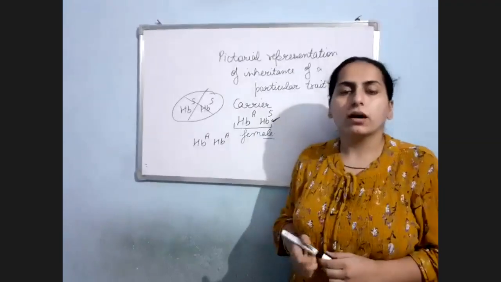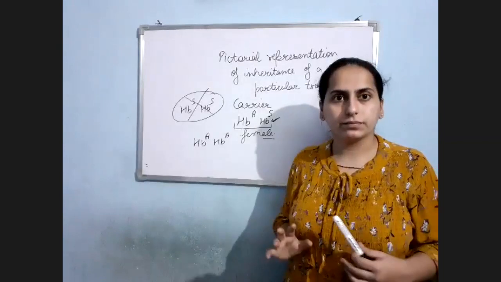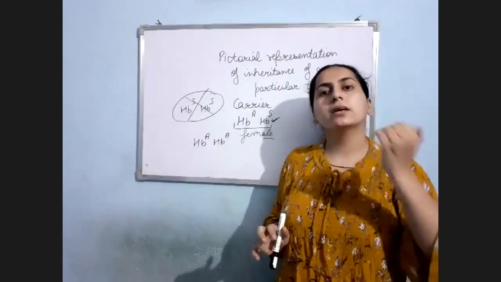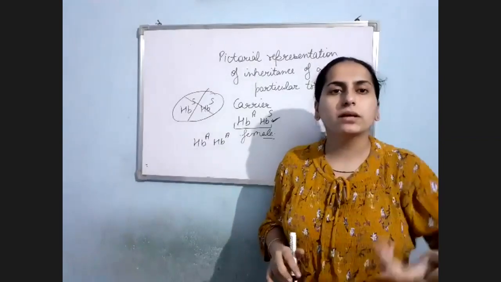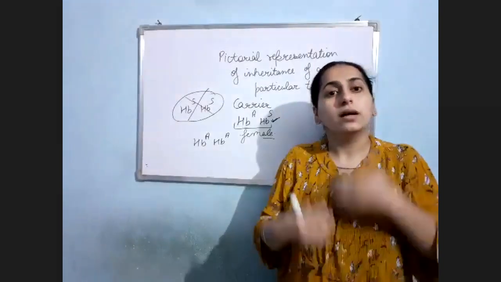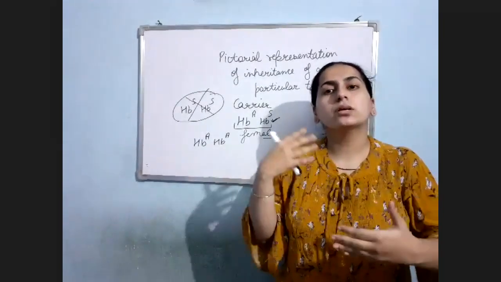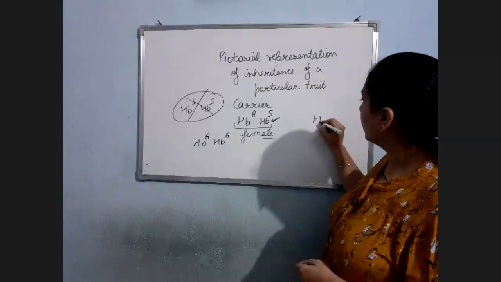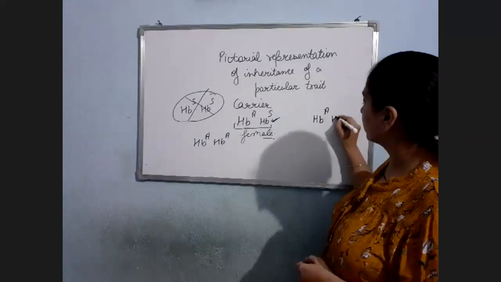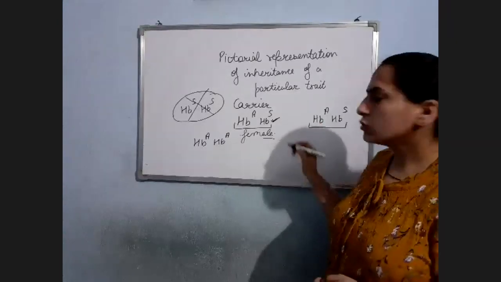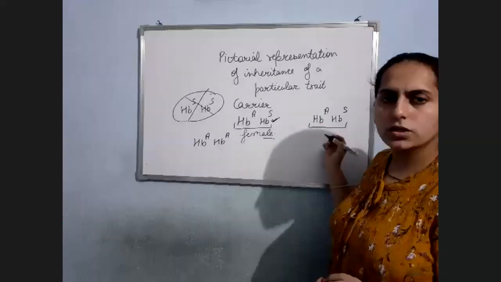Suppose if a carrier female is there, clear, and now she got married to a carrier male. Again, the male also doesn't know that he is a carrier, because there are no symptoms inside them, but they can pass the disease to their babies. Suppose here is a male having the same condition. Clear? So now, again, he is also a carrier.